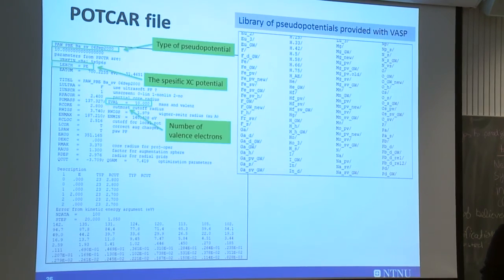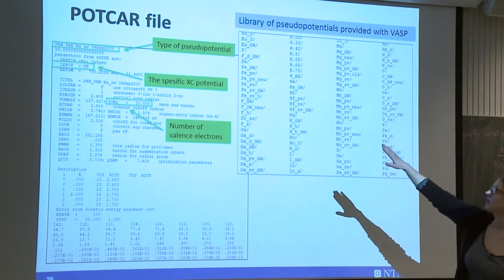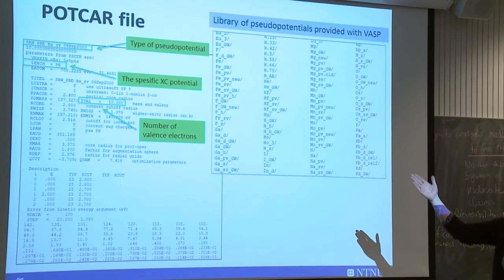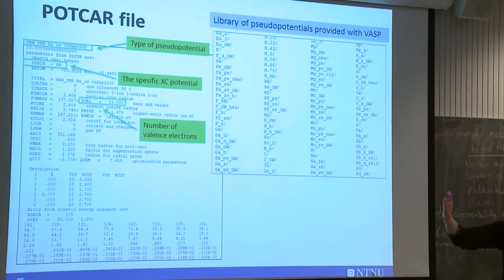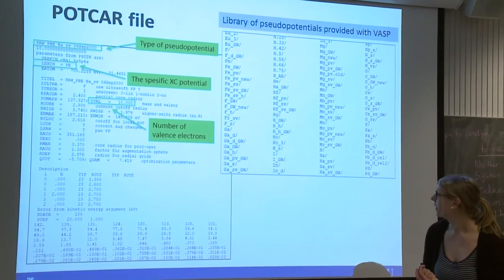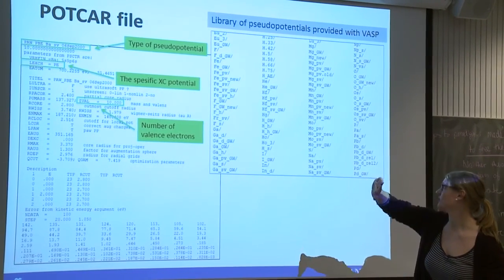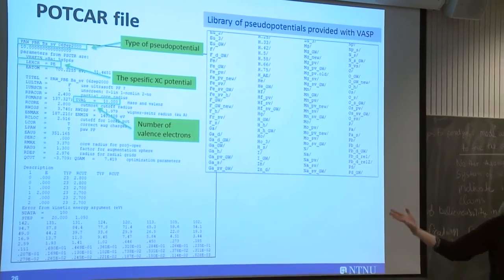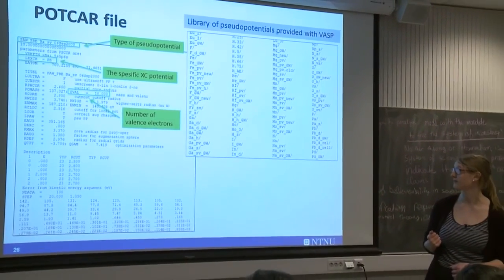So it contains some stuff, for example, type of pseudopotential, because often or sometimes you can choose, type of pseudopotential, and here also the specific exchange correlation potential.